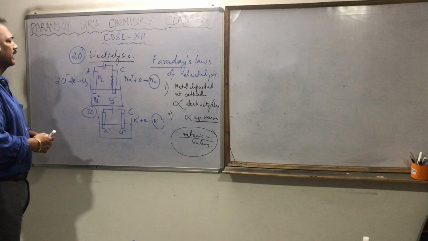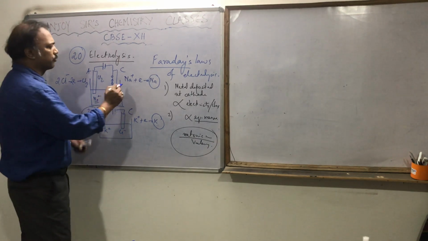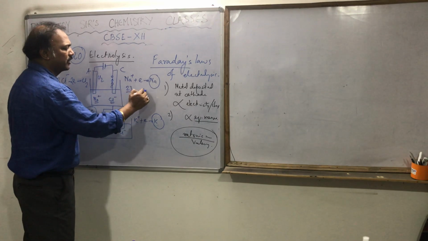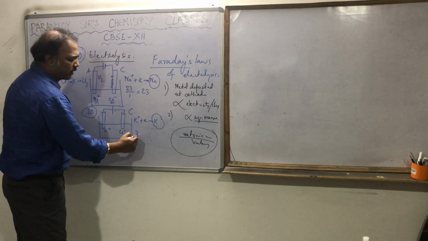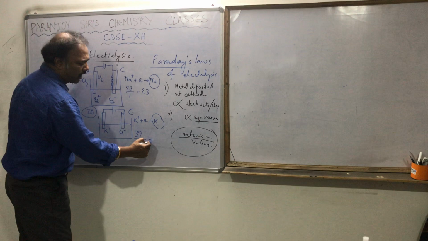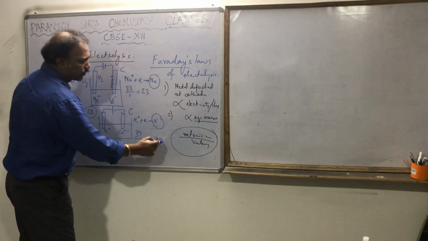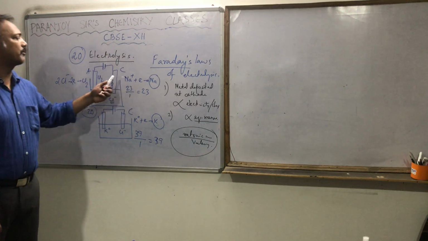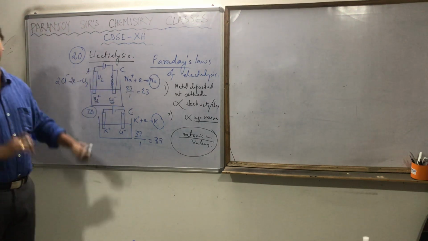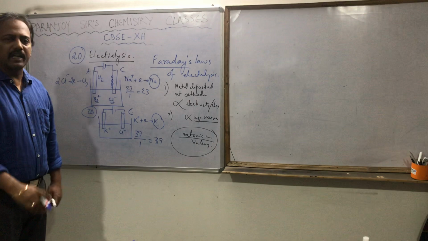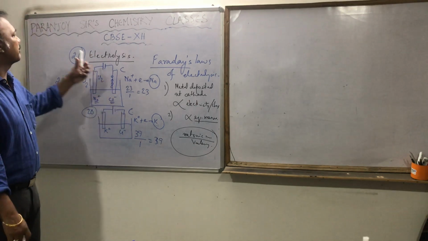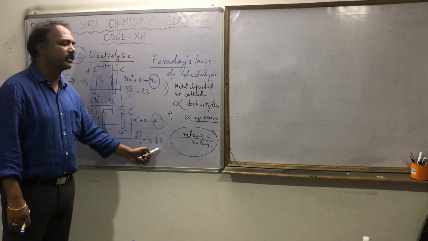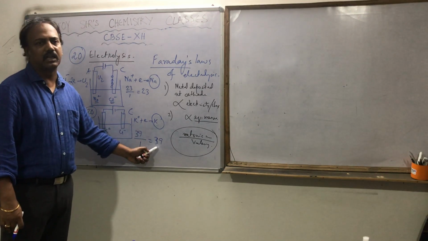In the case of sodium, the atomic mass is 23 and the valency is 1, obviously, so the equivalent mass is 23. Potassium, the atomic mass is 39, the valency is 1, so that is 39. What he told is that if 23 gram of sodium is deposited by passing some amount of electricity by electrolysis, then by passing the same amount of electricity, the amount of potassium deposited is 39 gram.